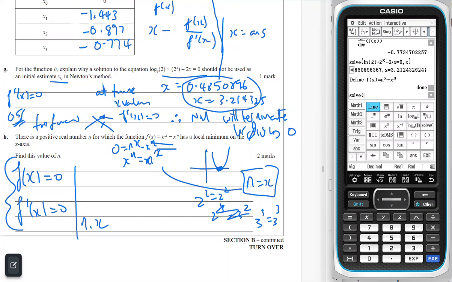No, simultaneous equations. Do that again. Simultaneous equations, thank you. Paste equals 0 and paste equals 0, but I want the derivative to equal 0.